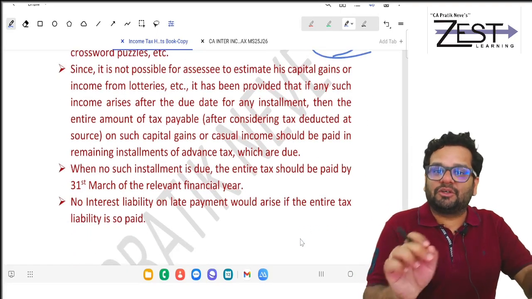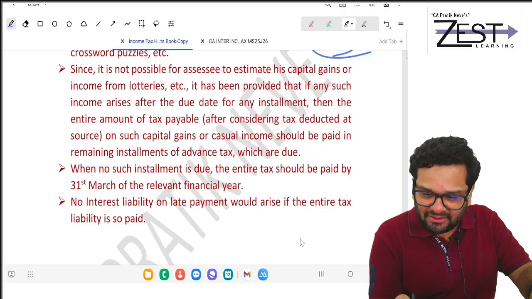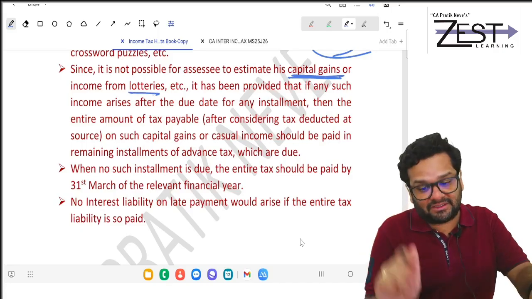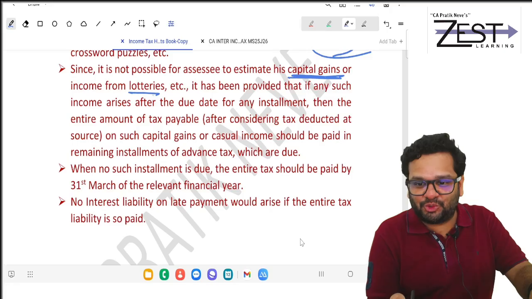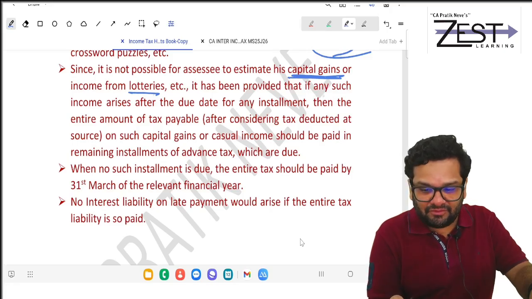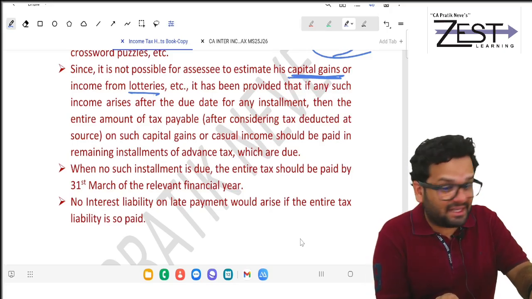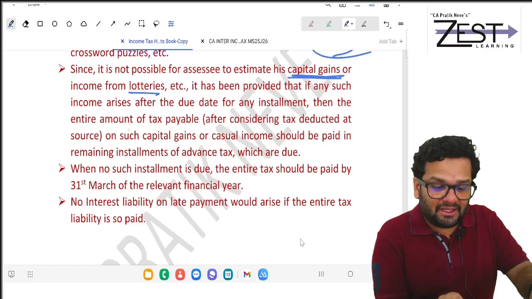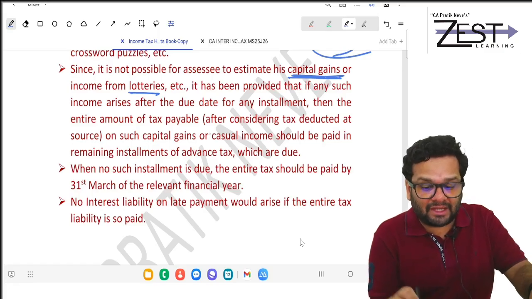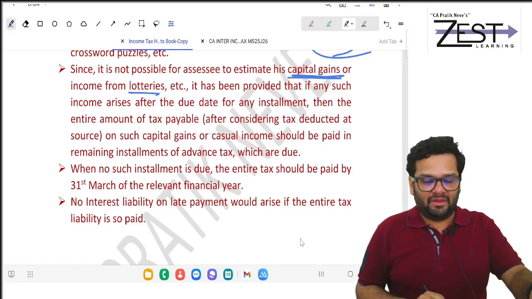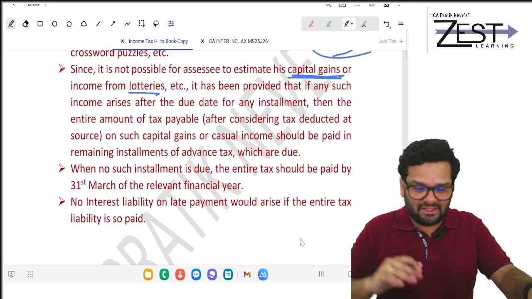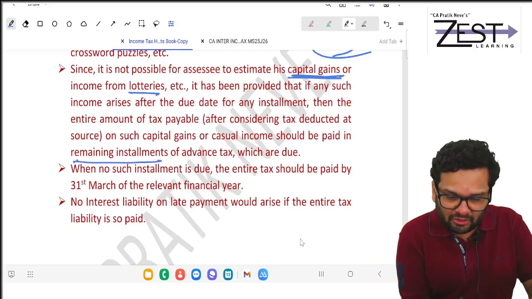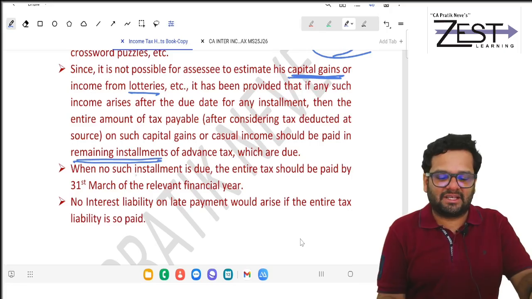Since it is not possible for assessee to estimate CG or income from lottery, etc., what is the proviso? If any such income arises after due date of any installment, then entire amount of tax payable on such CG or casual income should be paid in remaining installments of advance tax which are due.